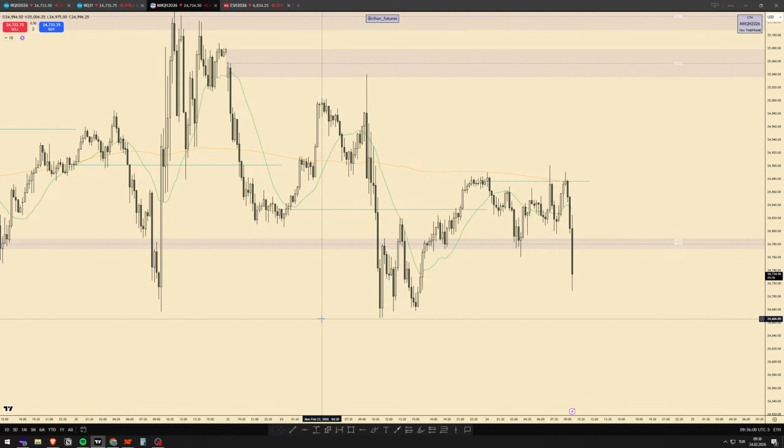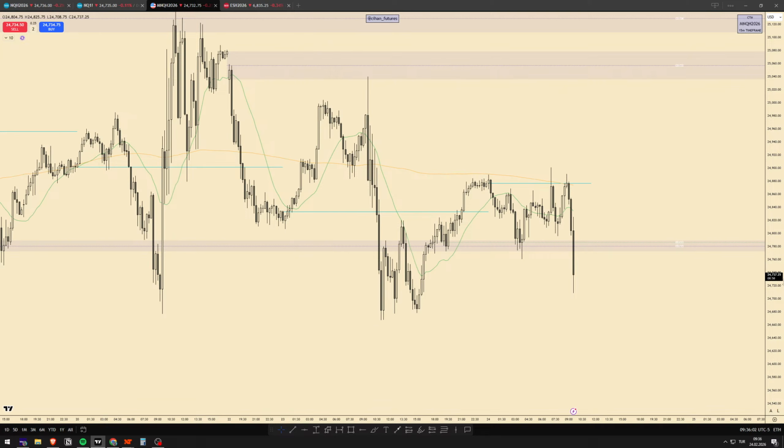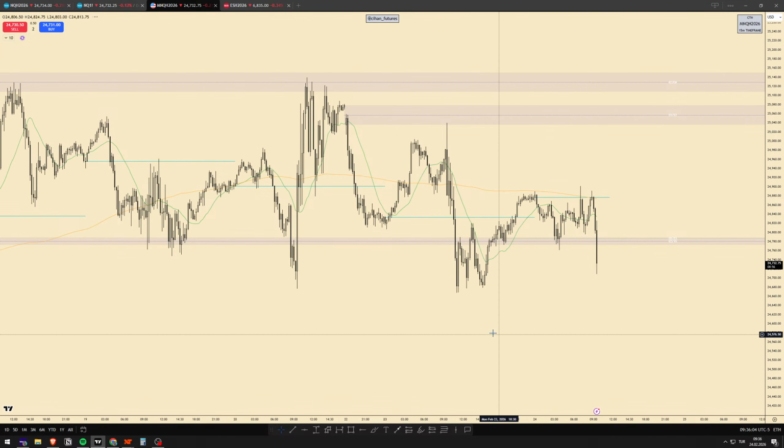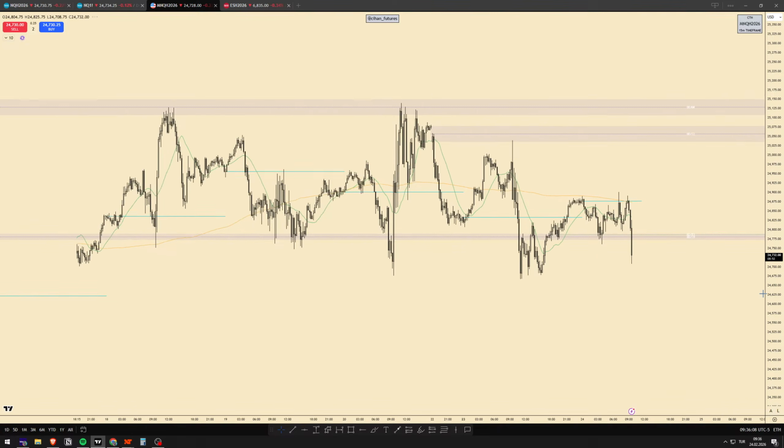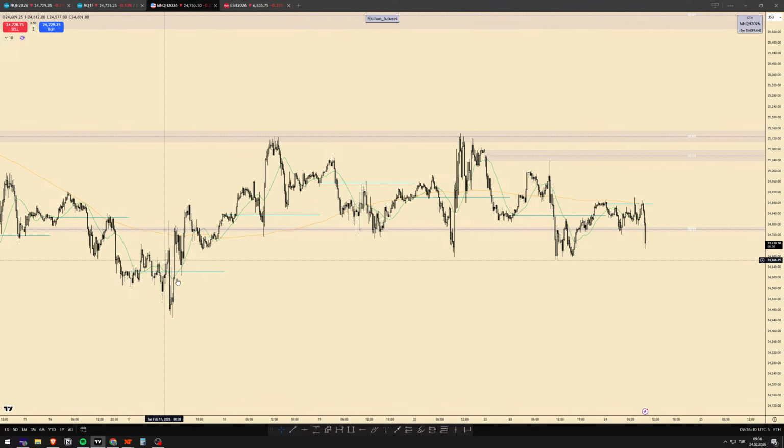Firstly, I'm looking at the chart, analyzing some price levels, trying to get some idea, trying to get the picture, right? I'm just currently looking at the picture. And when I do that, my brain is creating an order. It is searching for old patterns. It is searching for old experiences.